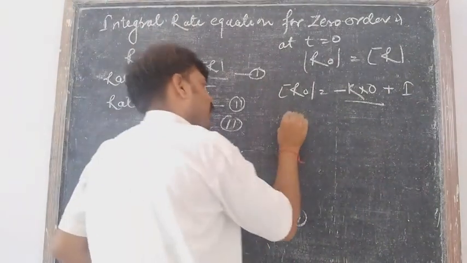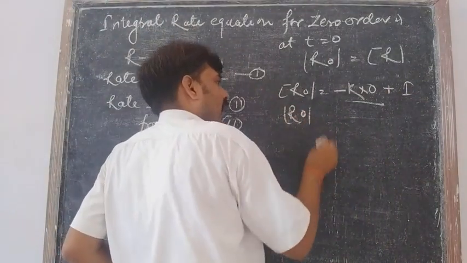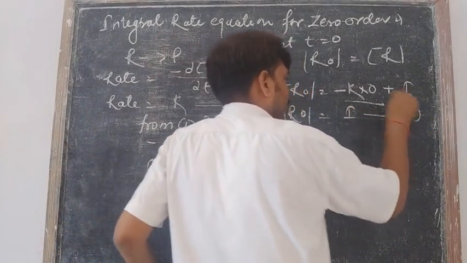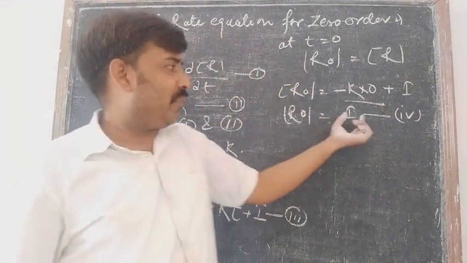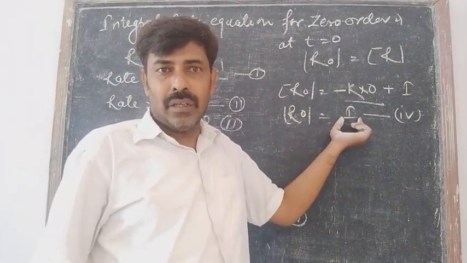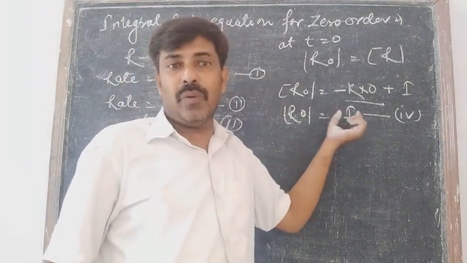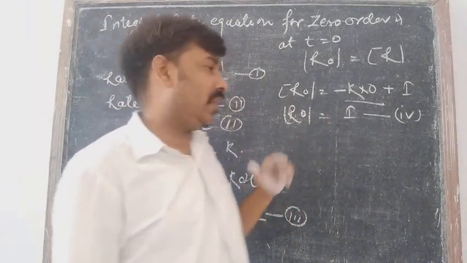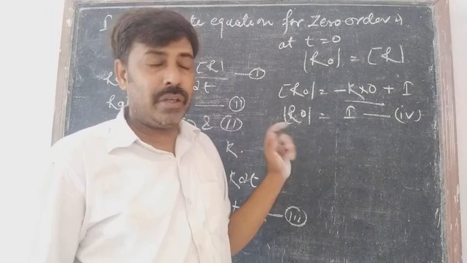So you can simply say that R naught equals I. Now we have the value of the integral constant I, and we can put it in to get the integral rate equation for the zero order reaction.